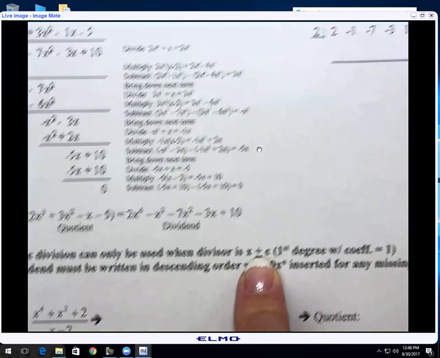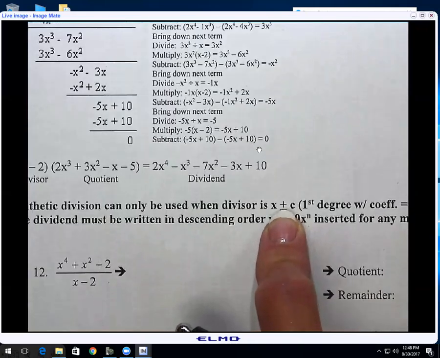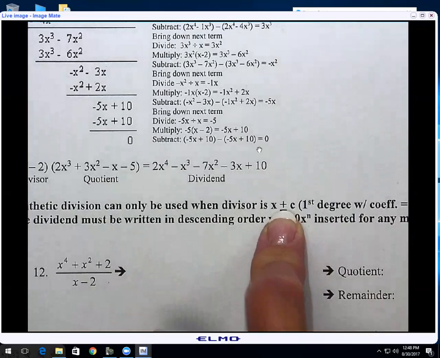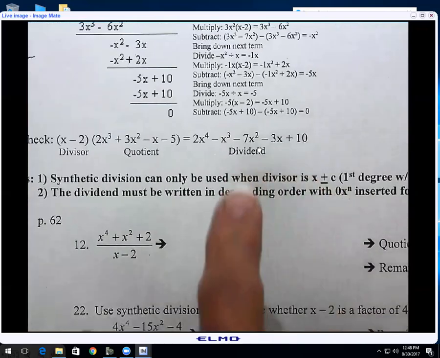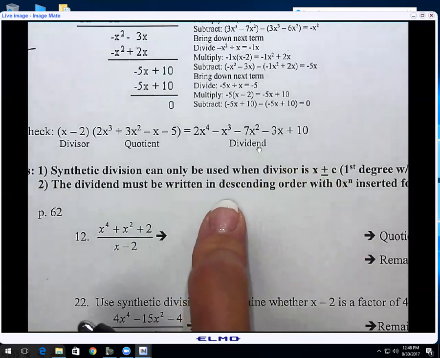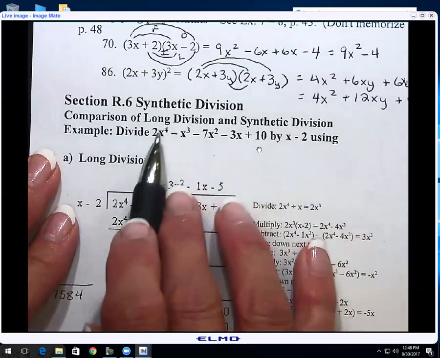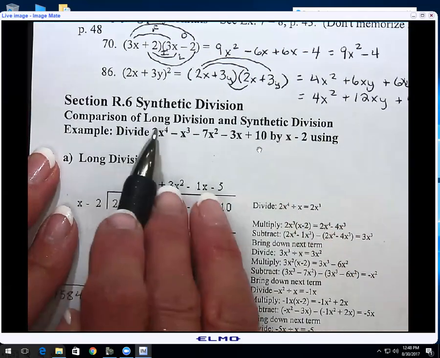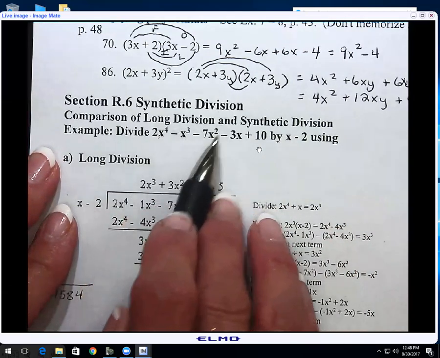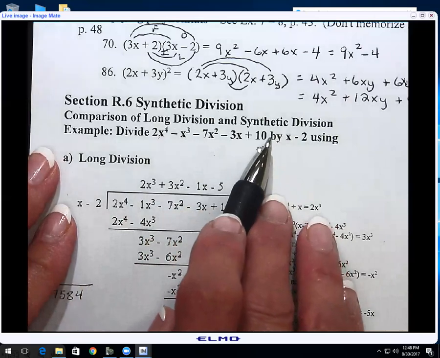So you can only use synthetic division when you're dividing by plain old 1x to the first plus or minus a constant. And before you begin synthetic division, you have to see if you're missing any terms. What I mean by missing any terms, this dividend has 4th degree, 3rd degree, 2nd degree, 1st degree, constant.